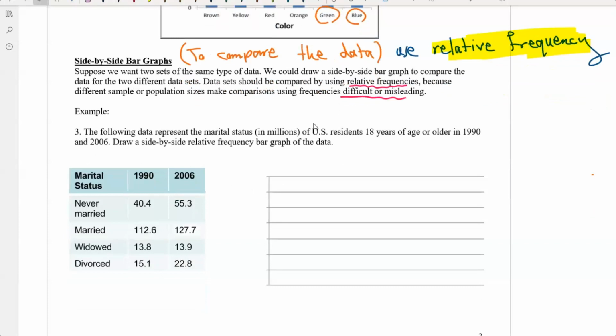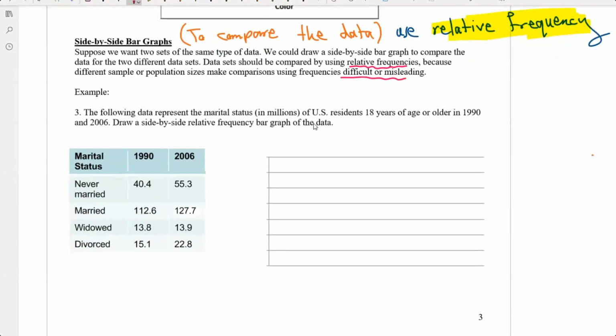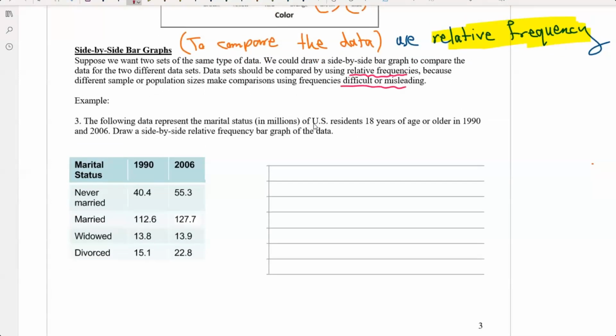Then here we have example number 3. Okay, so we have two data sets. The first column is for 1990 and the second column is for 2006.